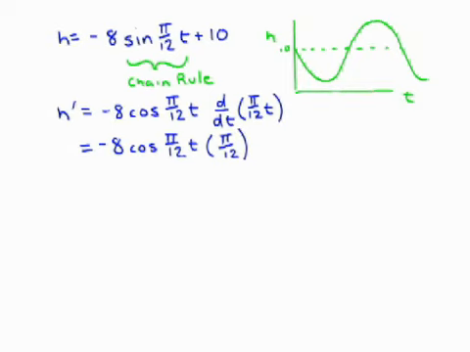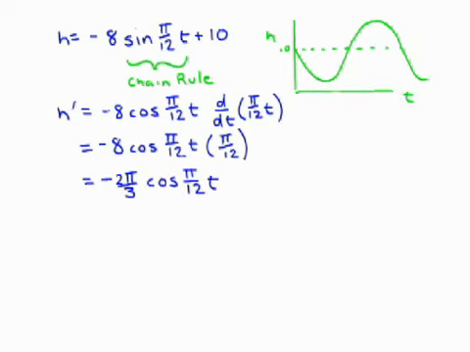I'm now just going to multiply the -8 and the pi divided by 12. That would give me a -8 pi over 12, which can be reduced to a -2 pi over 3.